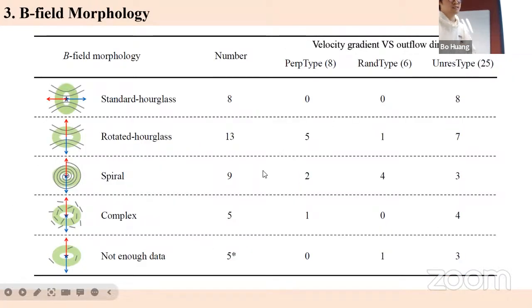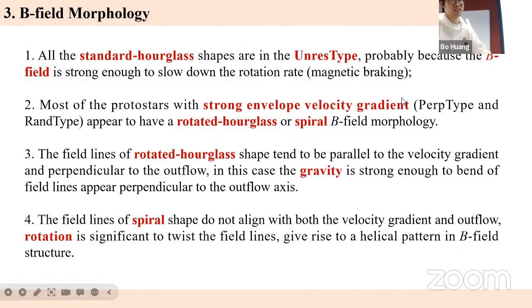For the third, the B-field morphology, we see all the standard hourglass shapes are in the unresolved type, probably because the magnetic field is strong enough to slow down the rotation rate. This refers to magnetic braking. And most of the protostars with a strong angular velocity gradient, which refers to PerpType and RandType, appear to have a rotated hourglass or spiral magnetic field morphology.